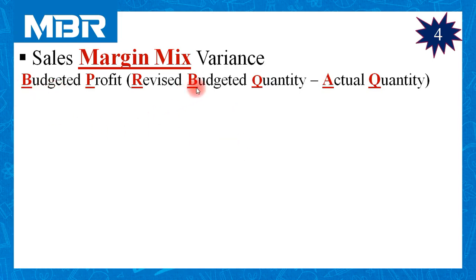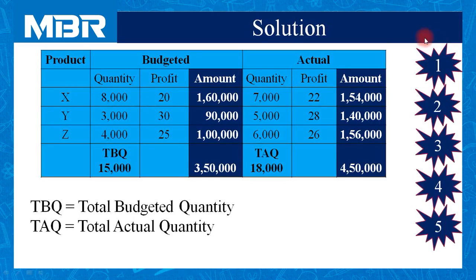Budgeted profit into bracket revised budgeted quantity minus actual quantity. You can write down the formula in abbreviated form: BP (RBQ minus AQ). As we all know, we have information of budgeted profit and actual quantity in a ready-made form.